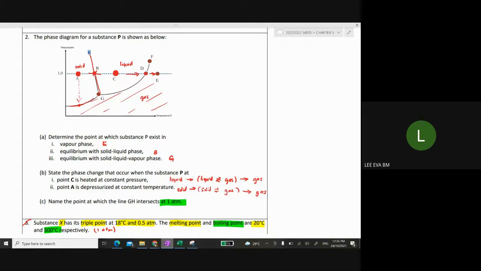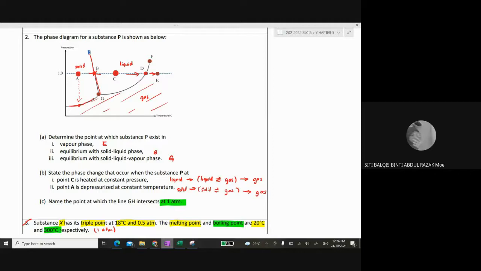So either melting point or freezing point. Tapi soalan sudah mention 1 ATM. So in front of that melting point or freezing point, what should you put? Any others want to help? What do you put in front of that melting or freezing point?